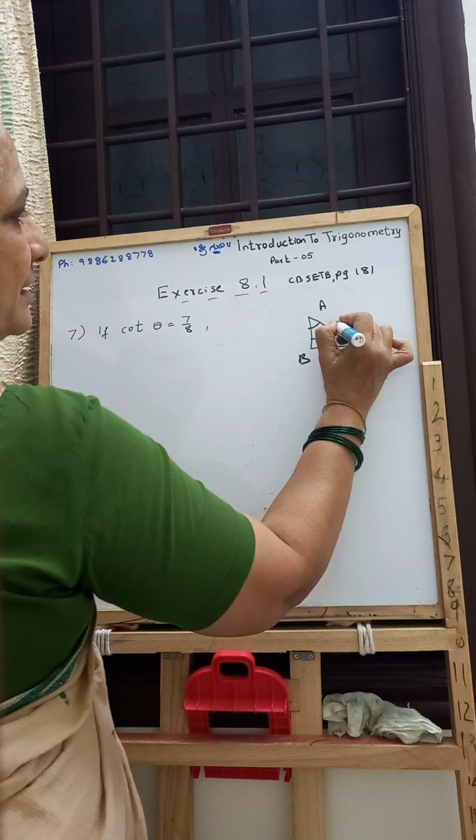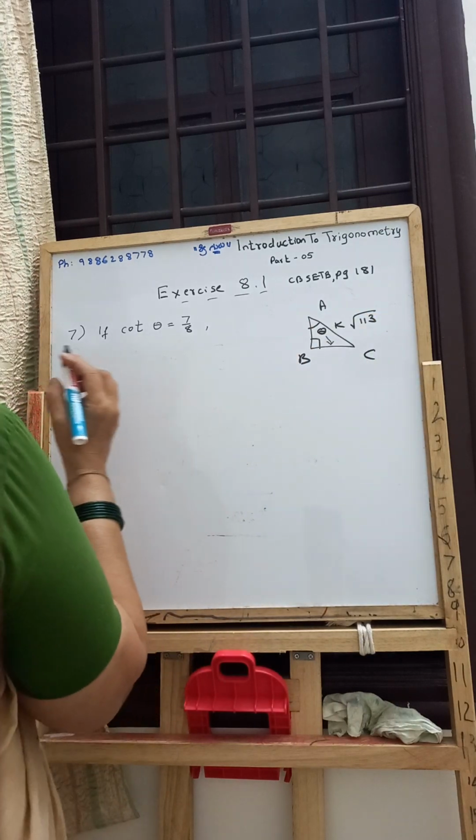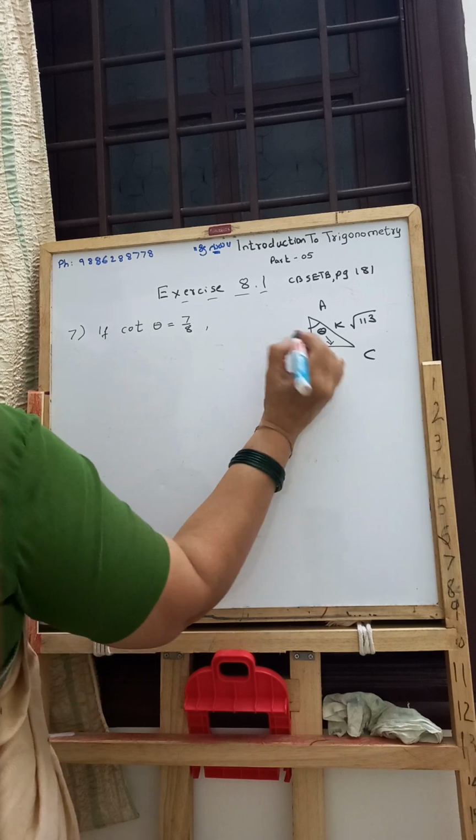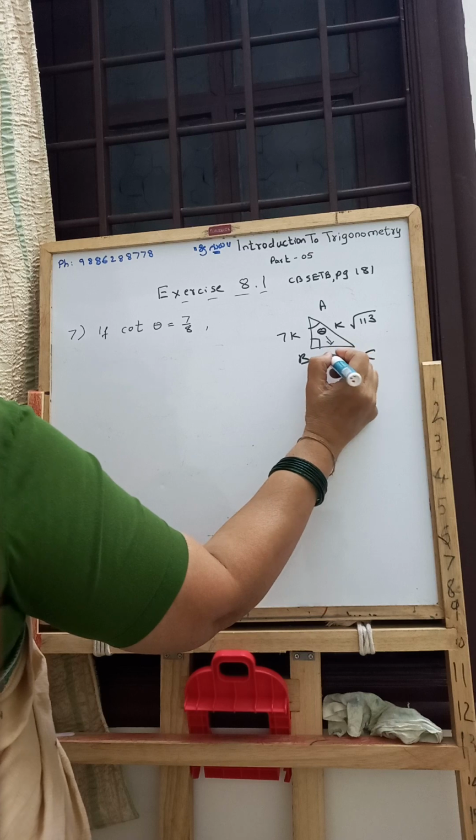This is K root 113 and AB is 7K, BC is 8K.